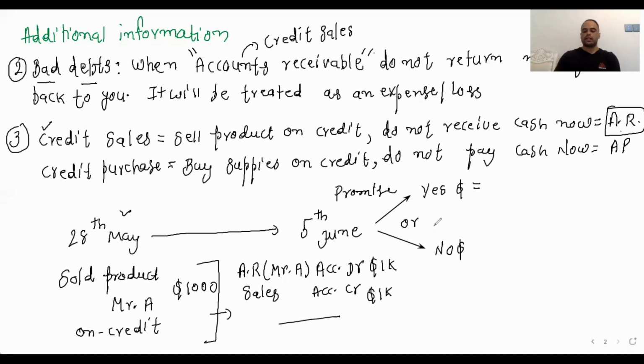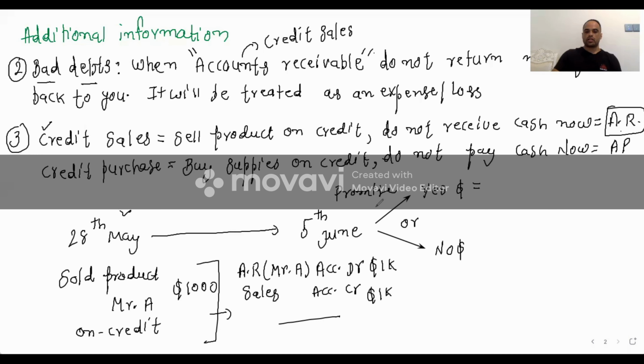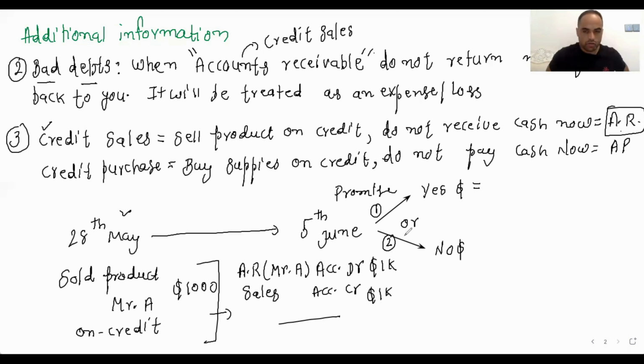Let's call these situation one and situation two. Under situation one, Mr. A is giving you money on time and in full, which is 1,000. What is debit? What is credit?